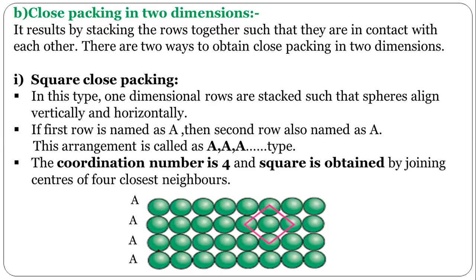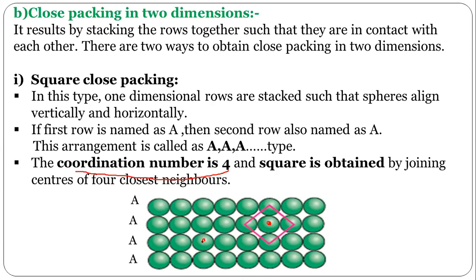Why is this square close packing? If you consider this particular sphere, it is in contact with another four spheres. We can see 1, 2, 3, 4. That's why the coordination number is 4 here. We can consider any sphere.